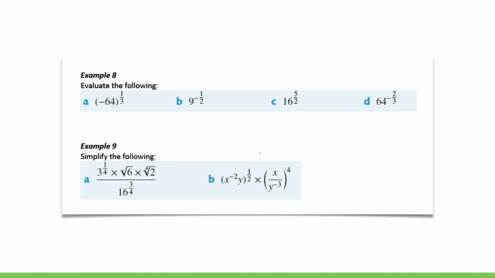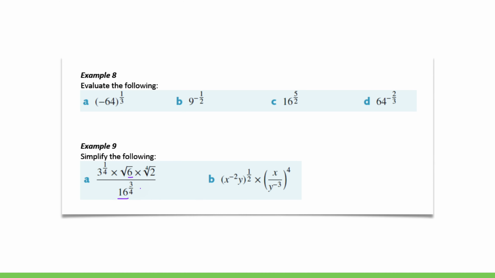Example 9 is all the same, it's just a little bit more complicated looking. Here we have 3 to the power of a quarter. Before I go ahead and try starting to simplify here, what I can notice is that I've got a few bases that can be rewritten in a simpler form that allows me to add or to subtract some of the powers.